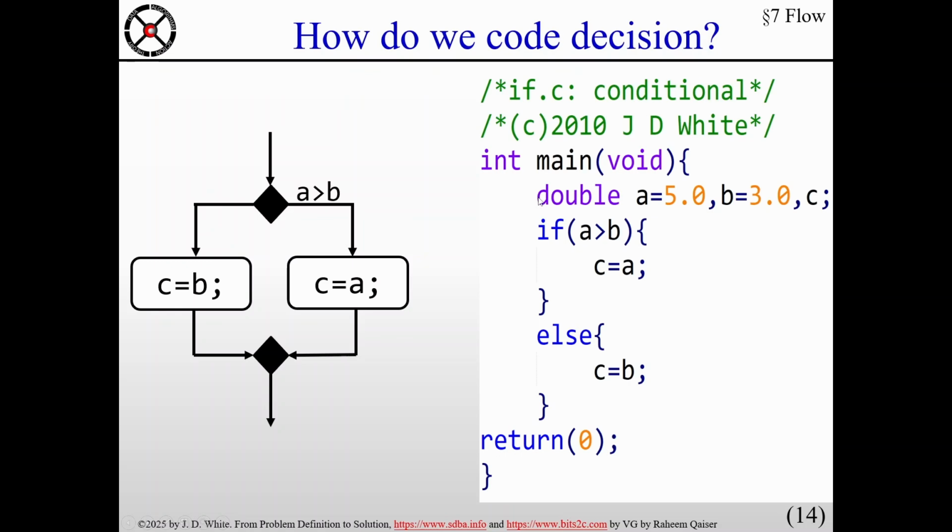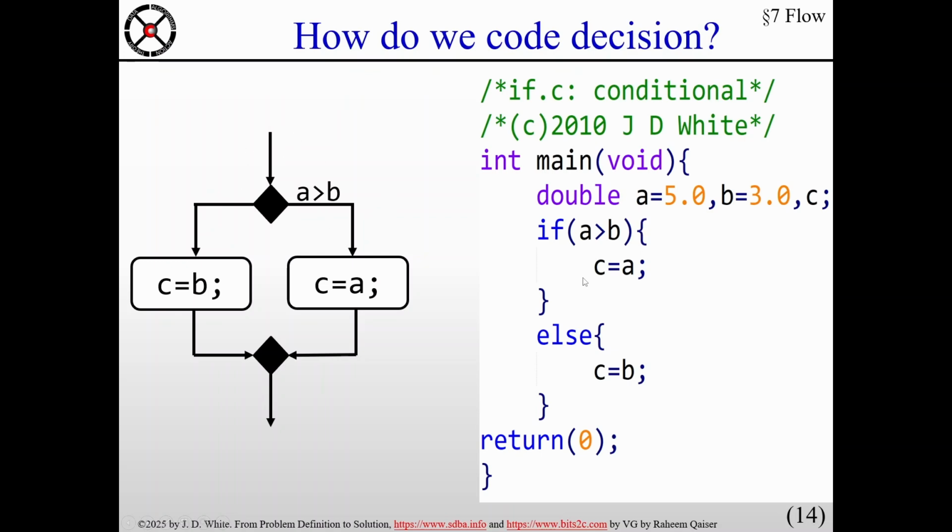All right, and here's an example C code, a complete running C code for that. If.c: integer main void, double, for example, whatever we want, A, B, and C. If A is greater than B, there's our condition right here.